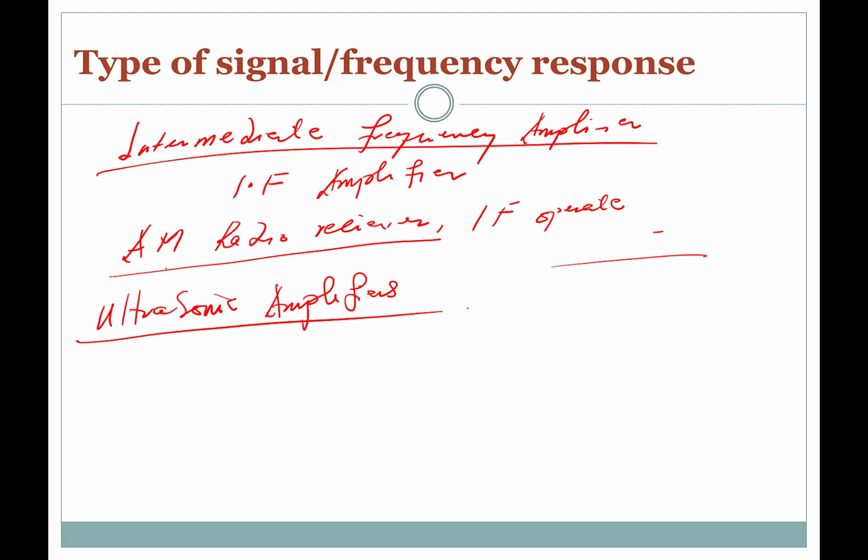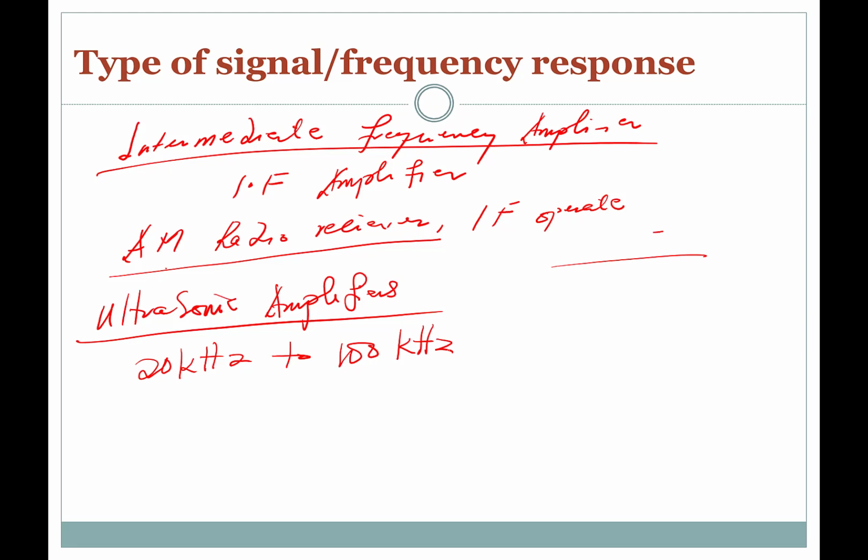Ultrasonic amplifiers are the type of audio amplifiers handling frequencies from around 20 kilohertz to about 100 kilohertz. So from 20 kilohertz to about 100 kilohertz, we would look at it to be an ultrasonic amplifier.